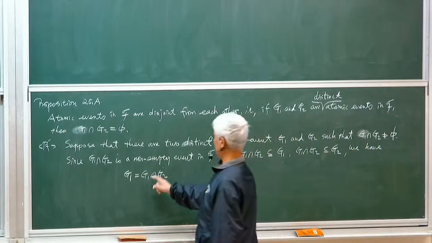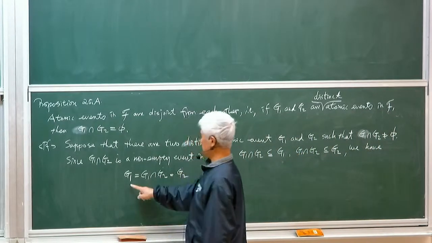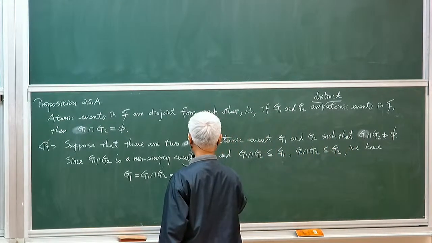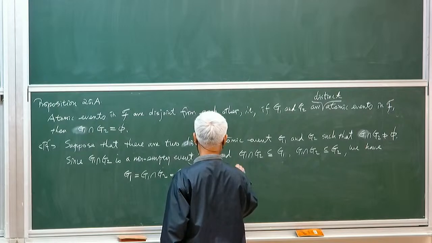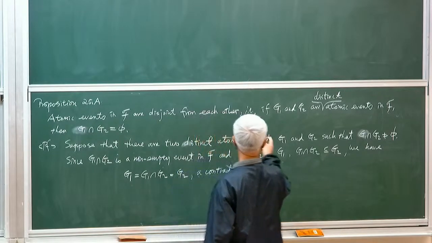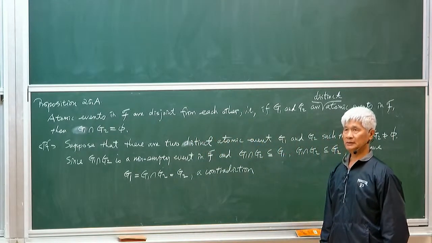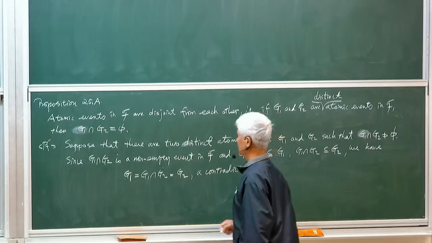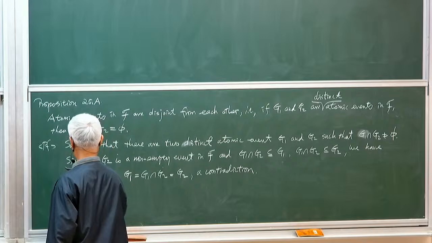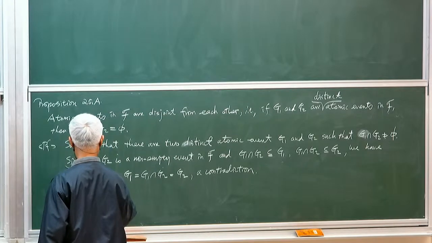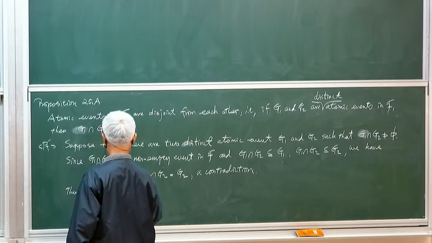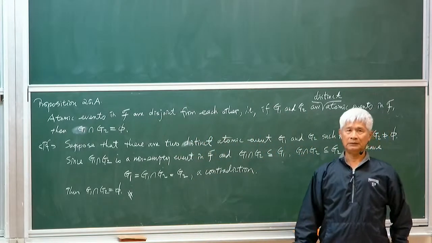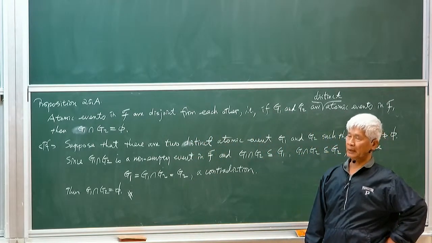And this is G2. So now G1 equals G2, and this is a contradiction. Why? Because G1 and G2 are distinct events. So G1 intersect G2 must be the empty set. Okay, so this is a very simple proof by contradiction.